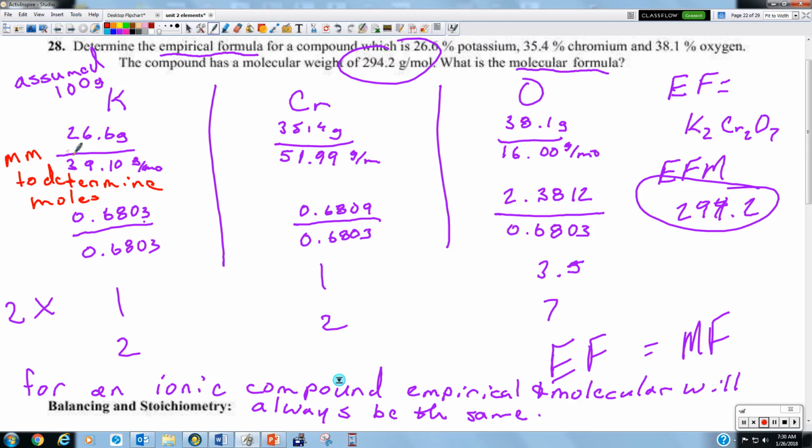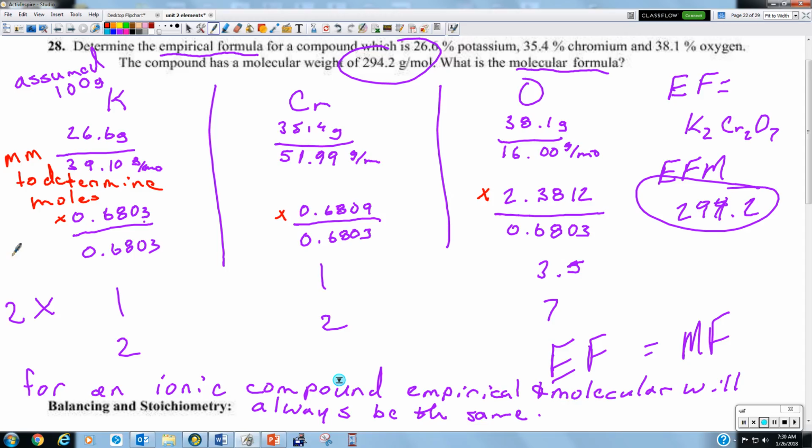So whenever I did that, I got 0.6803 moles of potassium, 0.6809 moles of chromium, and 2.3812 moles of oxygen.